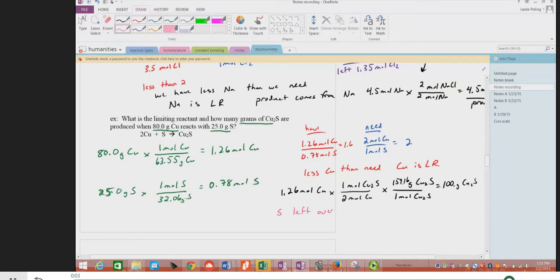Okay, so how much sulfur is left over? Well, 25 grams to start minus how much we used.